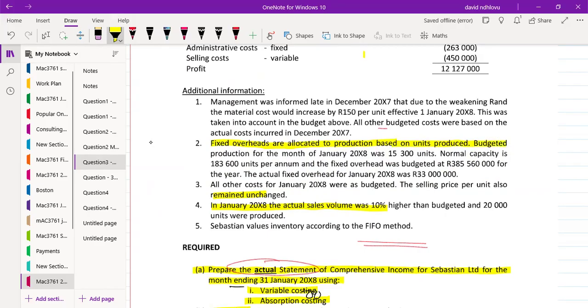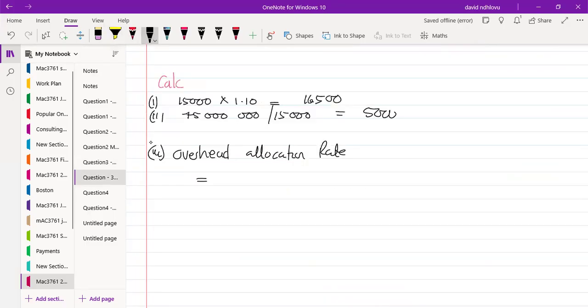And then they tell you the budgeted production for the month of January is 15.3 units. But then they tell you that our normal capacity is 183 units per annum. And then the fixed overhead was budgeted at 385,560 for the year. So what we then do, we say, what is our total budgeted fixed manufacturing overhead costs?